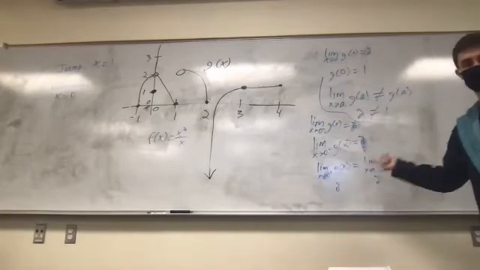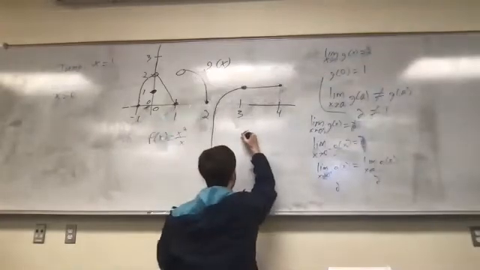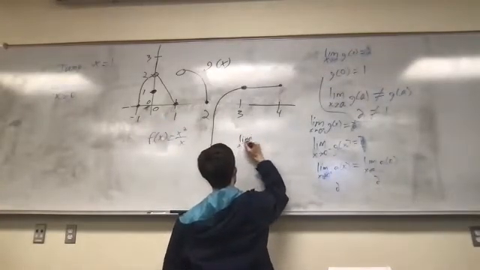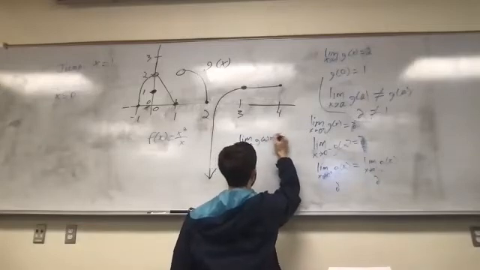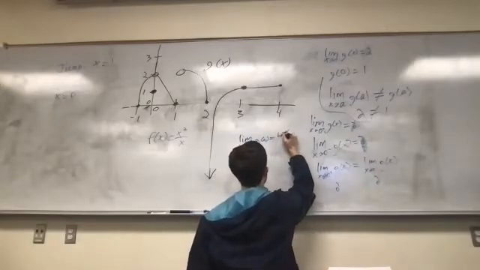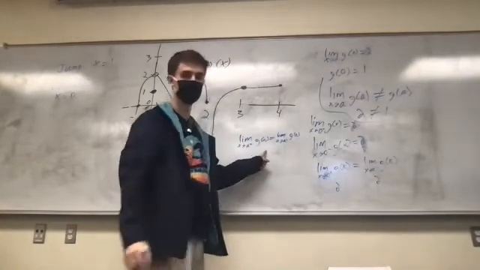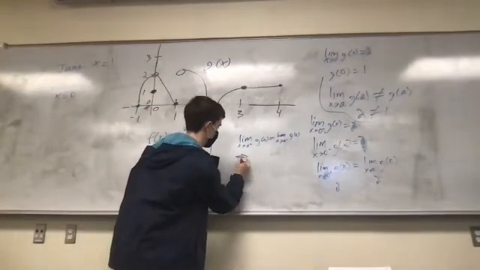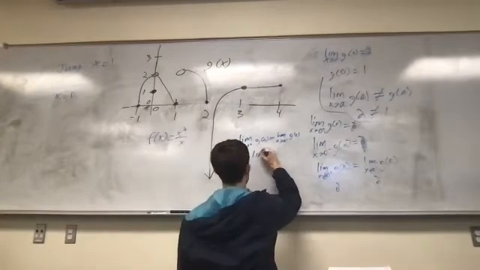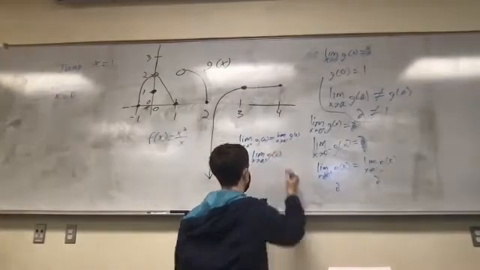And you've seen something like this before, just generalized, right? So you've seen the limit as x approaches a from the right of g of x equals the limit as x approaches a from the left of g of x. And that means you're allowed to just write the limit as x approaches a.